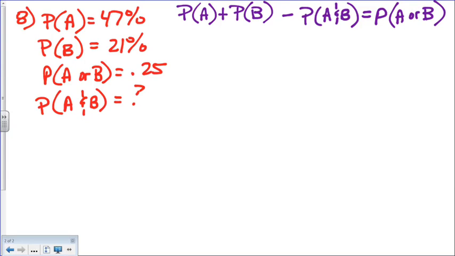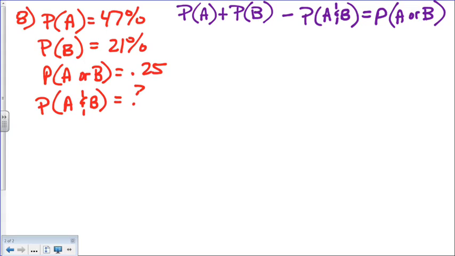So the probability of event A or B happening is that we add them, event A plus event B, but there's overlap, like with the Venn diagram. And we don't want to count those students twice, so we subtract one of the overlaps.